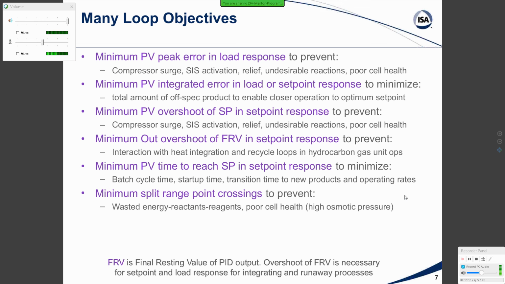And then split range crossings, you want to minimize those. It turns out if you have a low demand for energy, reaction, or reagents, you're probably going to be oscillating across the split range point due to the severe discontinuity in terms of changes in process dynamics and a higher degree of stiction and backlash that exists near the seat.